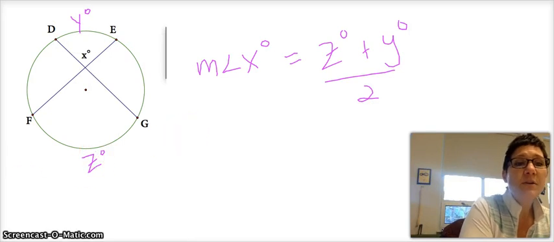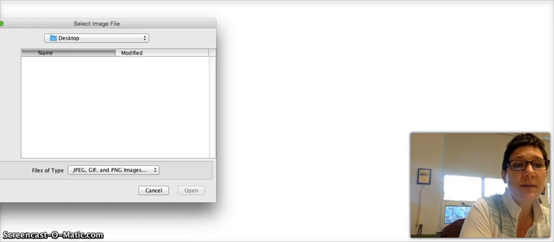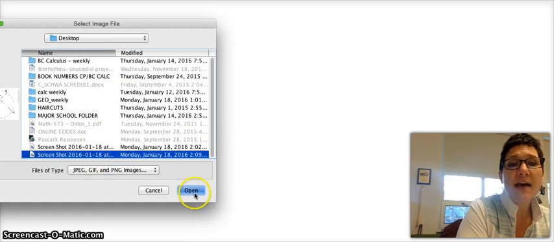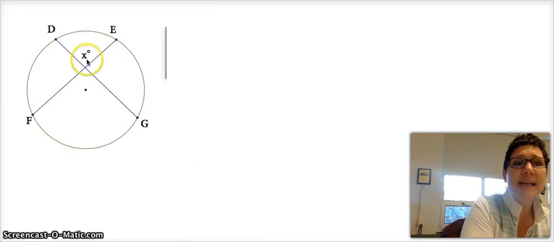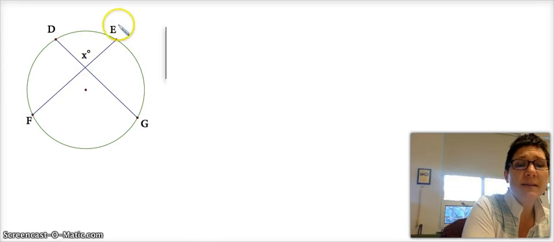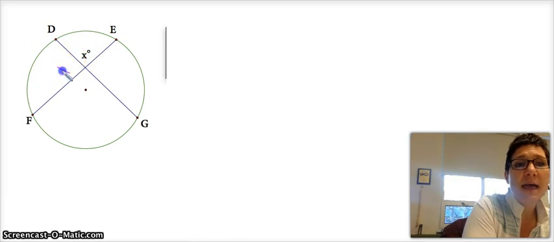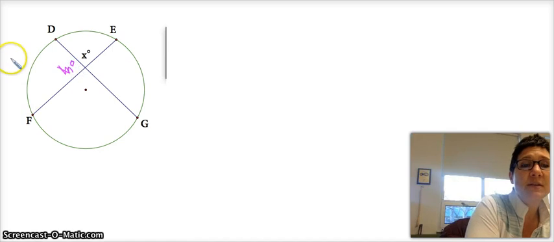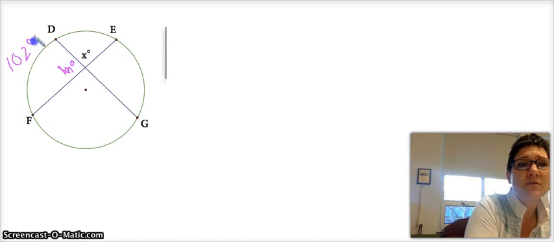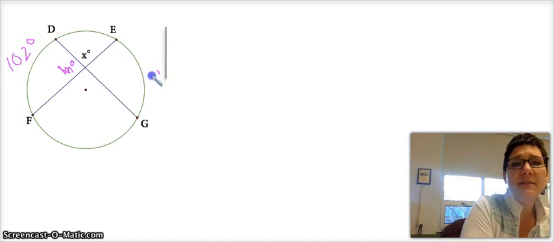So if we were to do a couple of examples, we could totally do it. Let's find out what m degrees is. If I know that this is 102 degrees and this is 94 degrees, how am I going to get m?